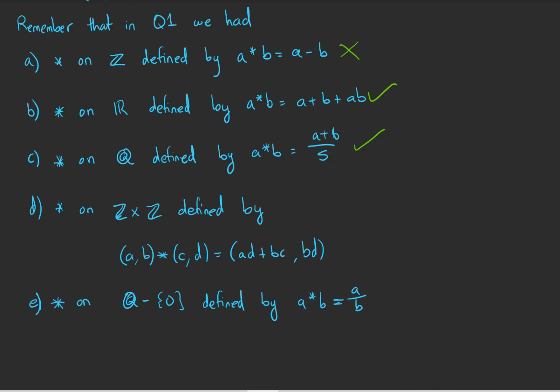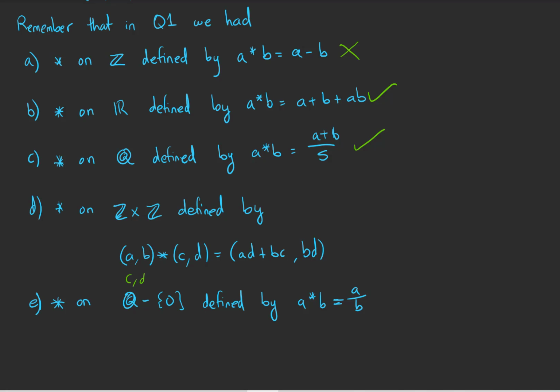Now, what about the operation in D? Well, if we were to switch around the pair CD and the pair AB, what would happen? Let's try it out.